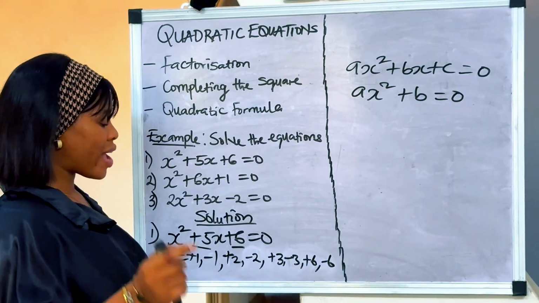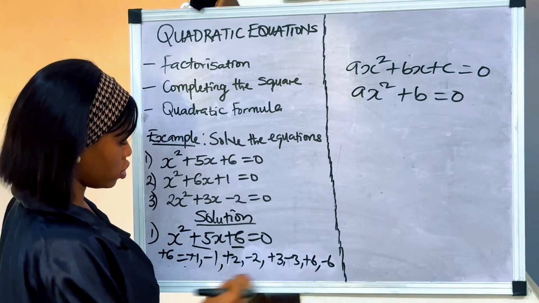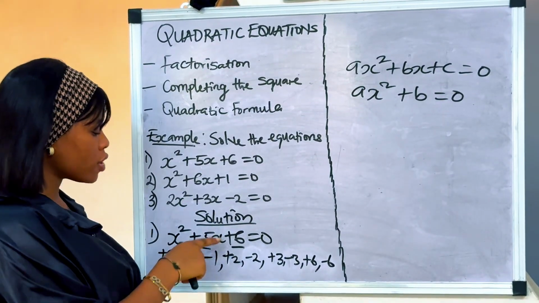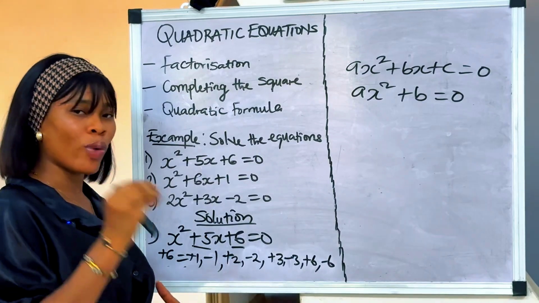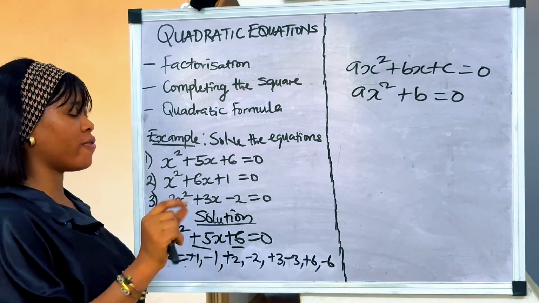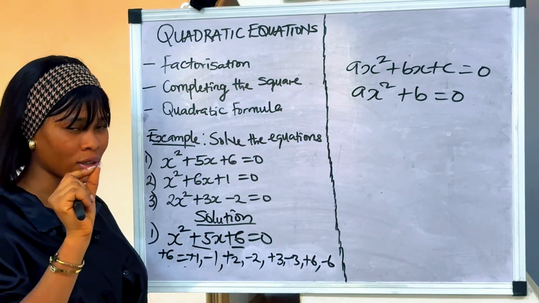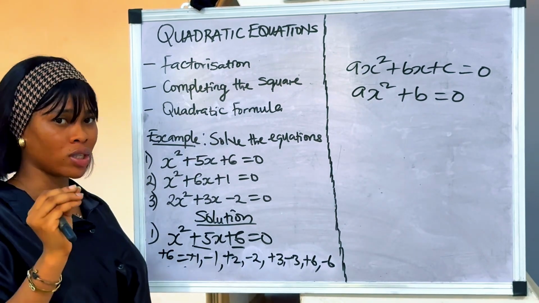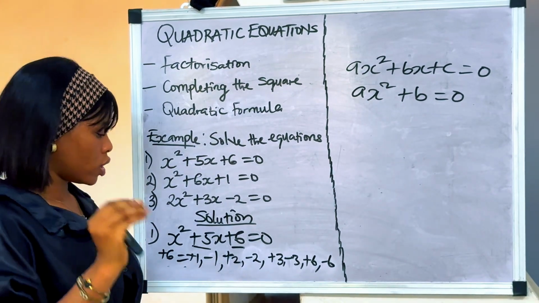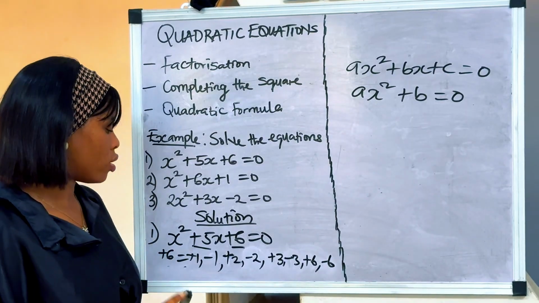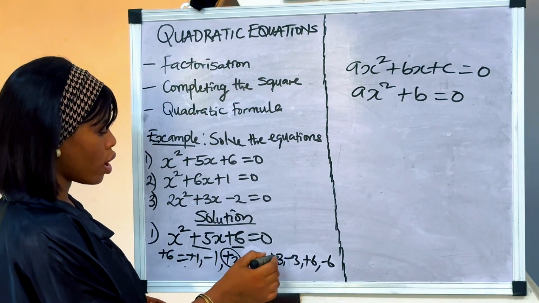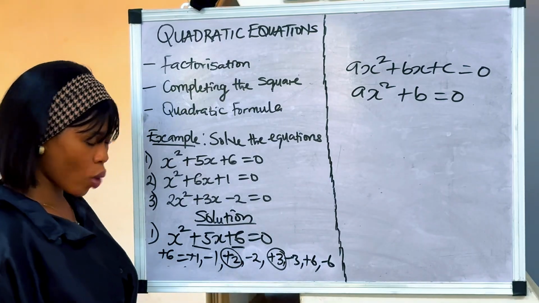So we have to look for any two factors among these that when multiplied together give us plus 6, and when added together give us plus 5. Please take note of the sign. In this case, the sign is very important. So the two factors are plus 2 and plus 3. Why?